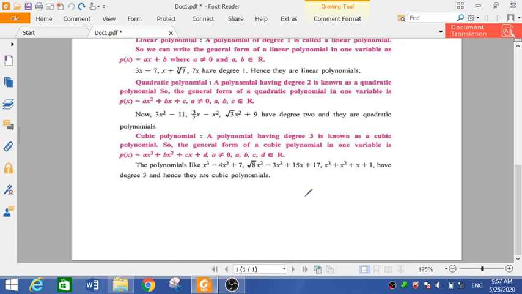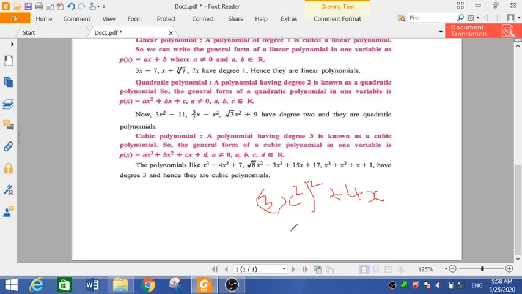Such questions may also be asked in this exercise 2.1. Write the monomial with degree 100. Then you have to write x to the power 100. It is a monomial term. You can write 3x to the power 100, or 4x to the power 100, but with only one term. Now in some questions they ask, find the degree of the polynomial.